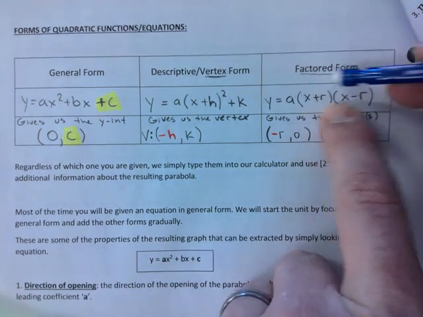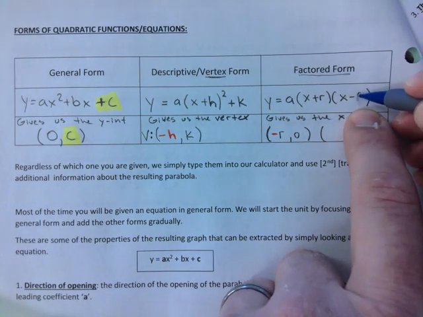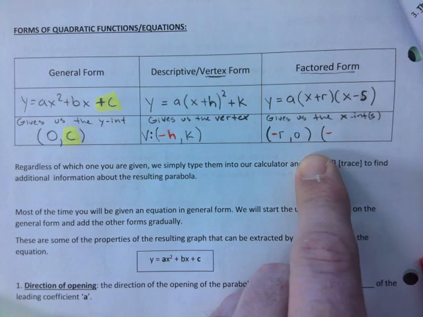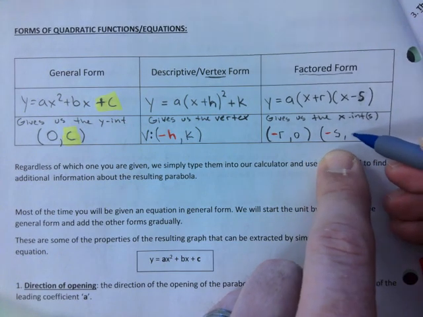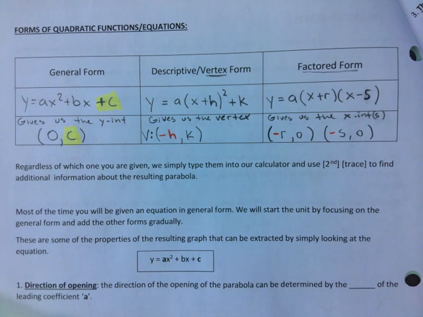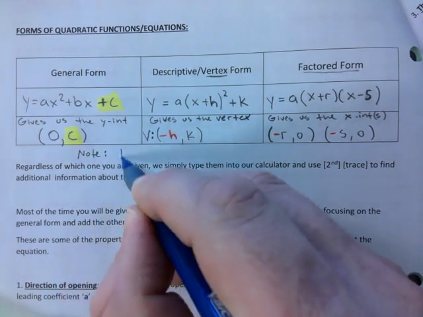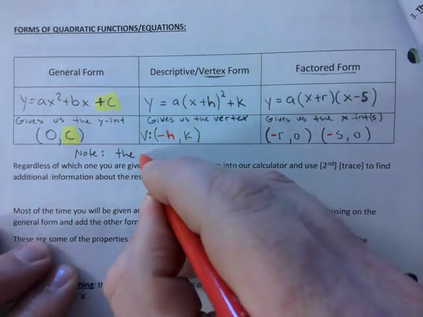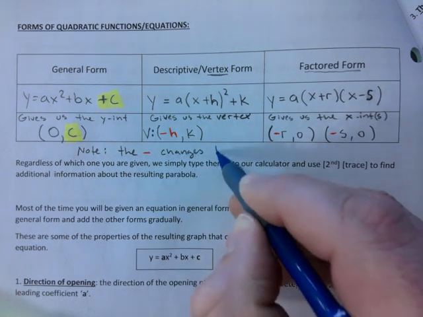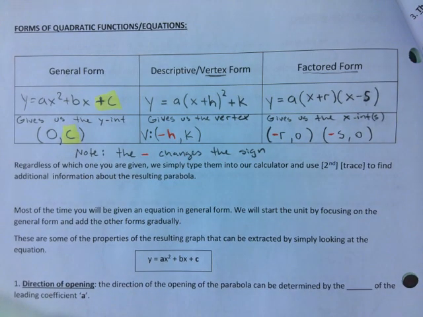This is supposed to be r and this is supposed to be s. So it's going to be (negative s, 0) like that. So I'll make that note here. Note the negative changes the sign. I would make a note of that.